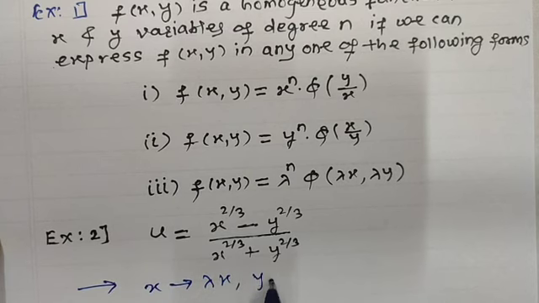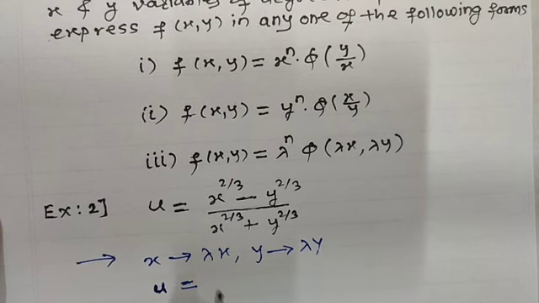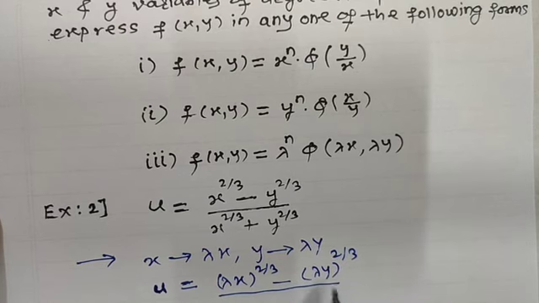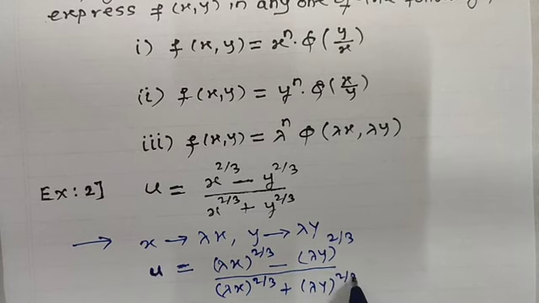Y is replaced by lambda y. Okay. Then given function you can express like this: u is equal to, we are replacing x by lambda x, to the power 2 by 3 minus lambda y to the power 2 by 3 whole divided by lambda x to the power 2 by 3 plus lambda y to the power 2 by 3.